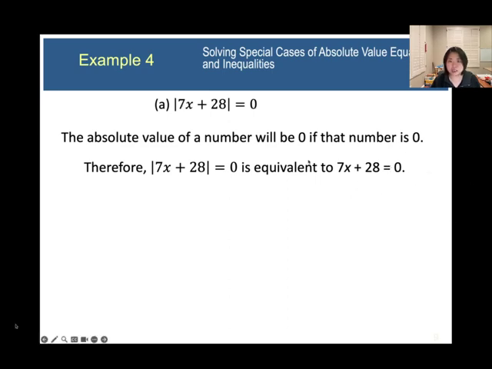So we only write it down as 7x plus 28 equals 0. Solve this equation. We're going to subtract 28 from both sides, divided by 7. You're going to find out x equals negative 4. You could double check your work by plugging back in. Negative 4 times 7 is negative 28, plus 28 is equal to 0. So this is going to be our solution set.